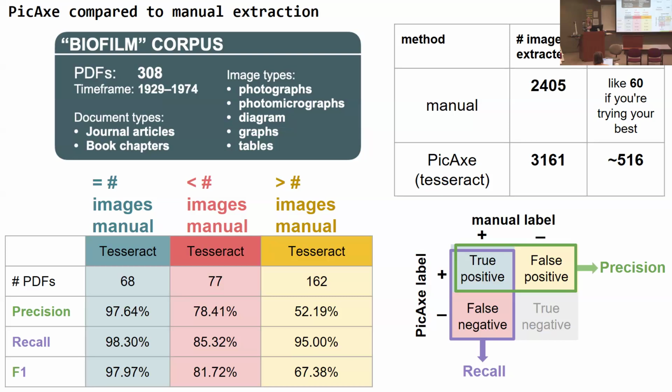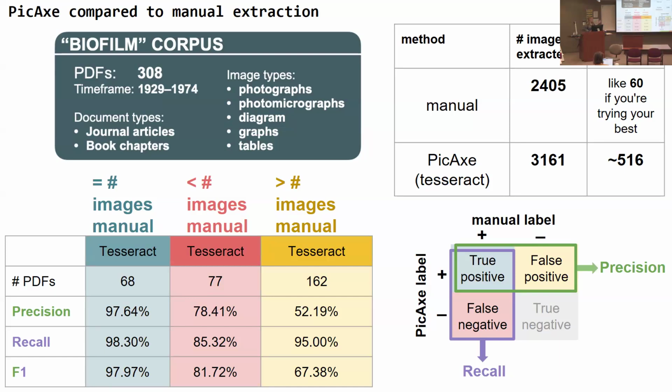When we wanted to characterize the quality of the results, we felt that just looking at whole page results didn't really tell us much about the kinds of mistakes that it was making. So we broke out the analysis into 3 categories. So I'll orient you to the categories. There's this blue section, which is when PicAxe extracted the same number of images in a single PDF as a manual extractor would have.